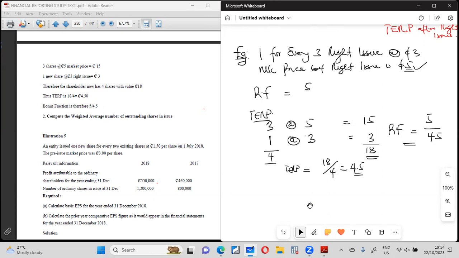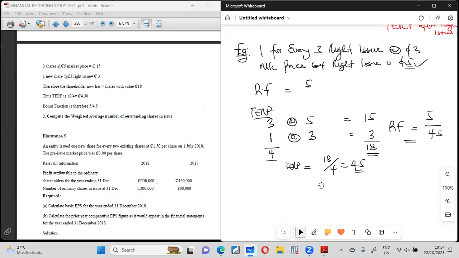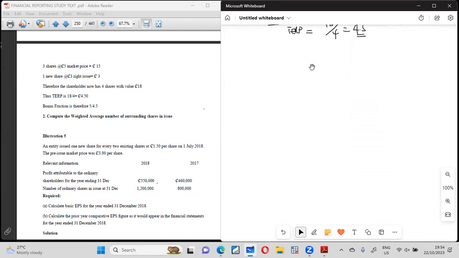All right, then let's look at the illustration and let's try. An entity issues 1 for every 5 existing shares at 1.5. That tells you that so long as there is a price attached to it, it's not a bonus.